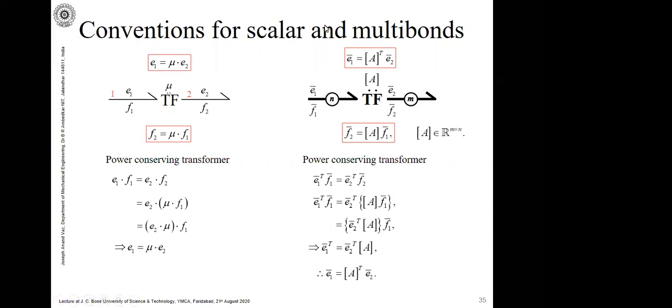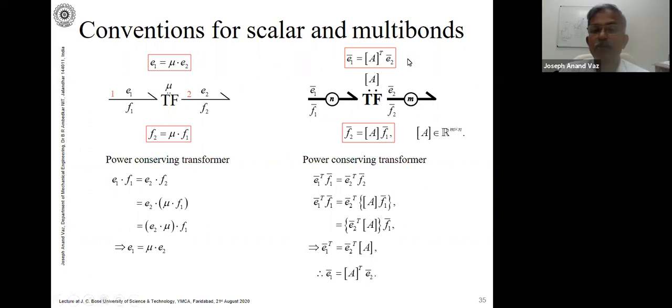This is the care which you have to take when you're dealing with multi-bonds. In the software which you use for bond graph, all these things are usually taken care of. But when you are applying bond graph, when you're doing modeling, it's essential to know this subtle difference.